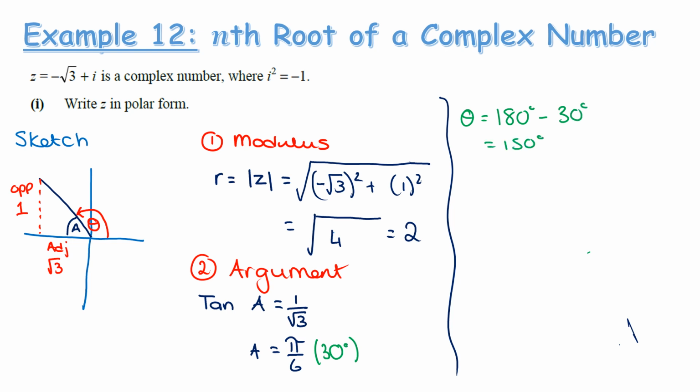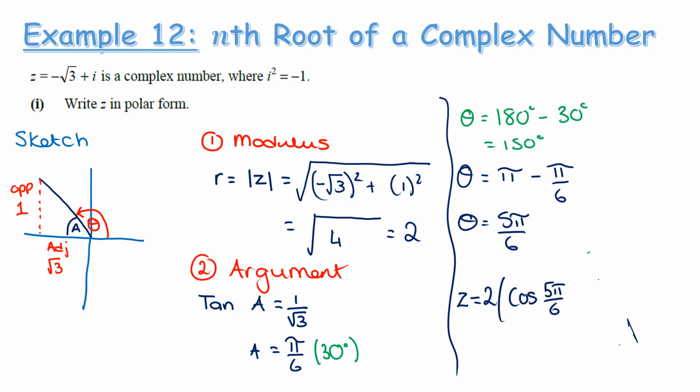We want to work in radians, so theta is equal to pi minus pi over 6, and that gives us theta is equal to 5 pi over 6. This gives us our polar form as z equals 2 bracket cos of 5 pi over 6 plus i sine 5 pi over 6.